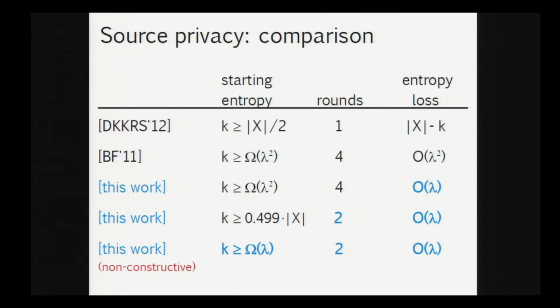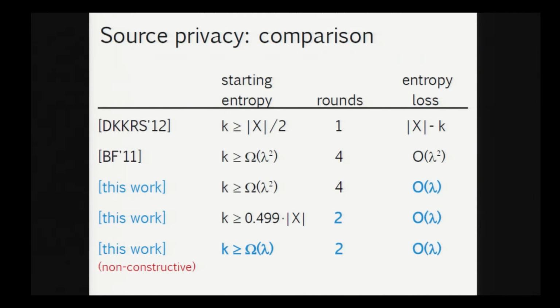It was not observed that it's source private, but we observe in this paper that it is. Then there's the work of Bowman and Fair that I just mentioned that gives a 4-round protocol for pretty low starting entropy, but with entropy loss quadratic in the security parameter. And then the next three are in our work. The third line is applying the generic transformation to a protocol of Li.